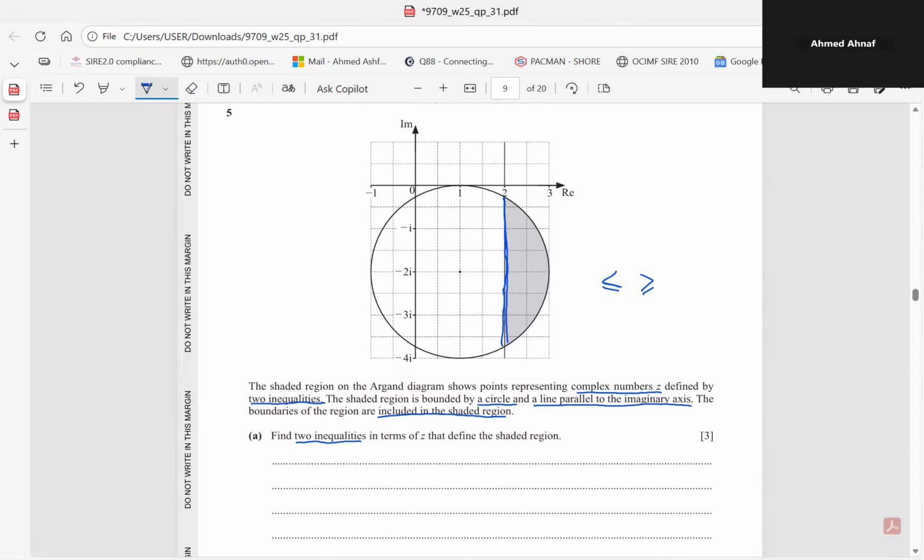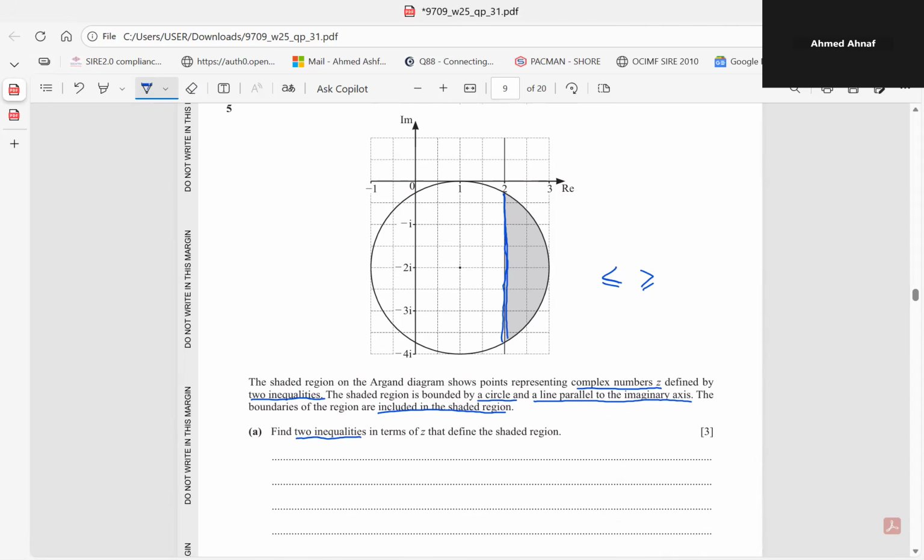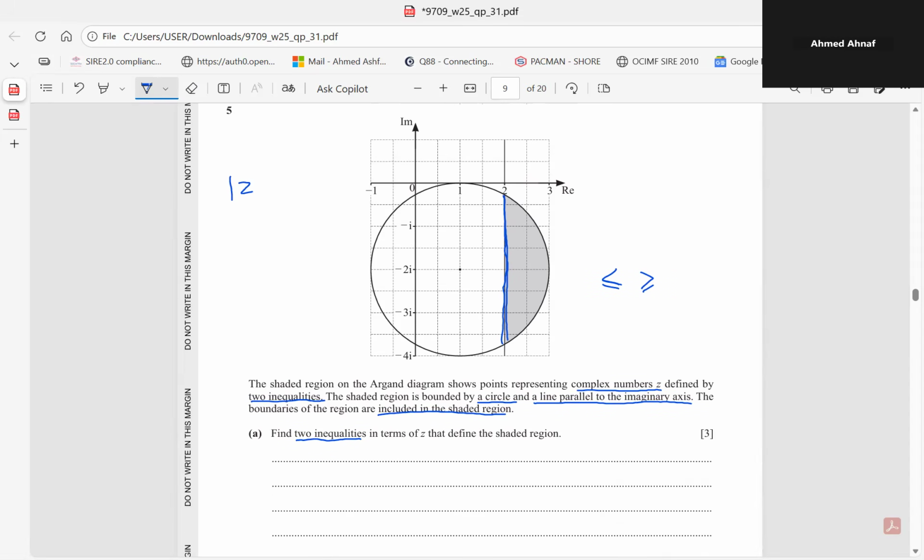Without this boundary line, the whole circle would be shaded. So the first inequality is going to be in the form of modulus of z minus (a plus bi) less than or equal to the radius of the circle. A is the x coordinate of the center, and b is the y coordinate of the center.